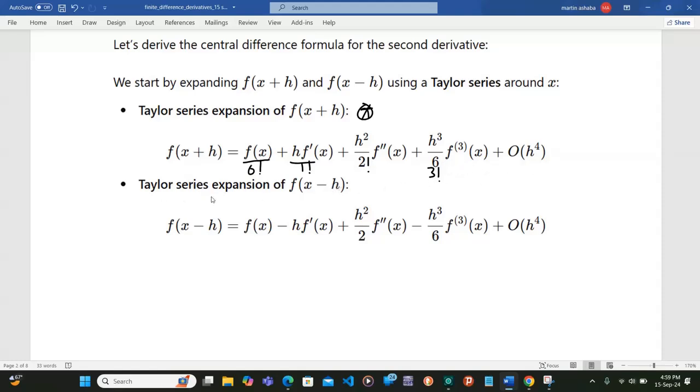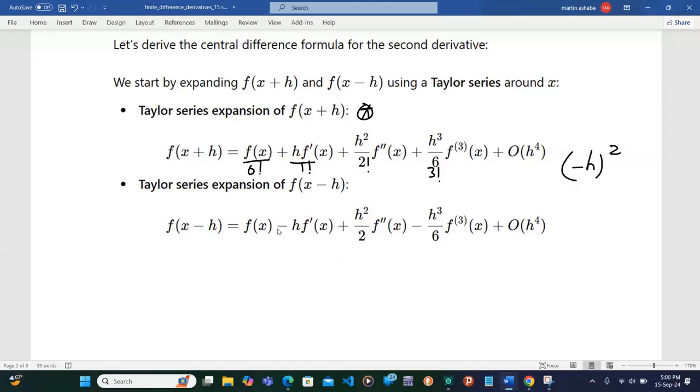Then if it is x minus h, wherever there is h, you substitute it with a negative h. You just flip where there is positive, you put negative, but you must be careful, because for h squared it is going to remain positive, since negative h squared remains positive.